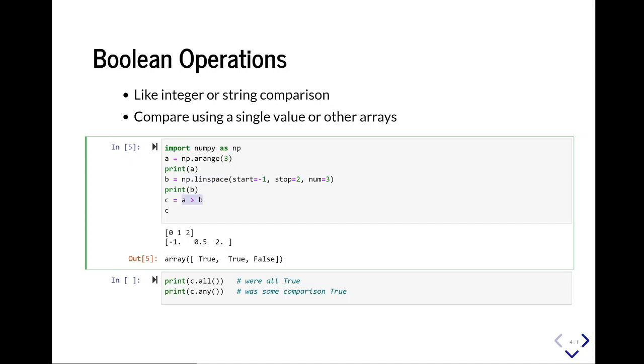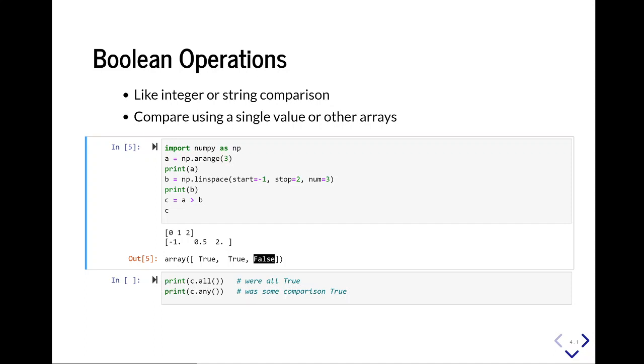Is A greater than B, for C, and we can see we get back for each value is compared to each other. So we have 0 to -1, 1 to 0.5. So we can see that 0 is greater than -1, 1 is greater than 0.5, but 2 is not greater than 2.